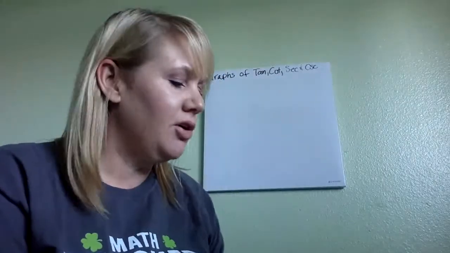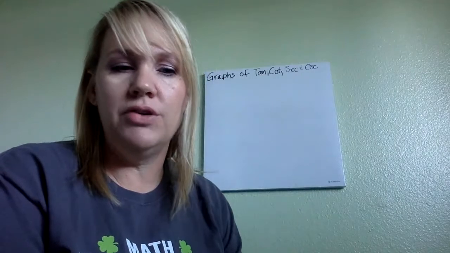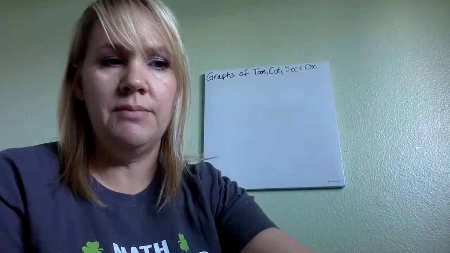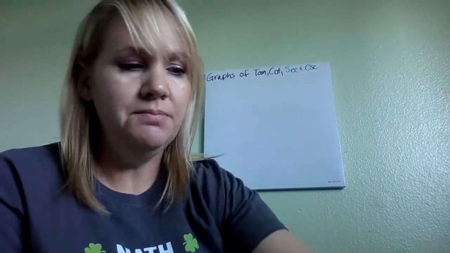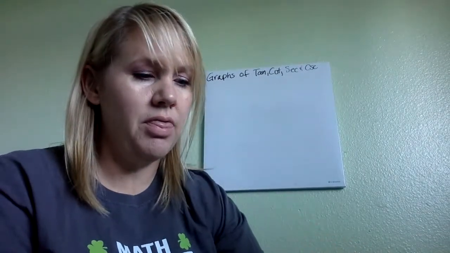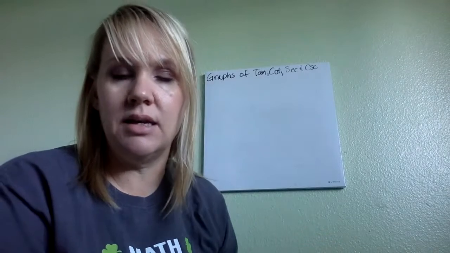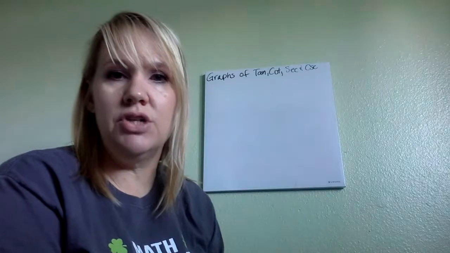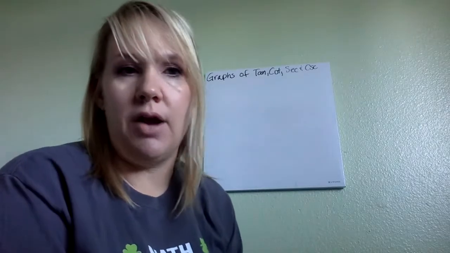Anyway, okay, so today we are going to move on to graphing the rest of the trig functions: the tangent, cotangent, cosecant, and secant. I'm actually going to start with the cosecant and the secant because they use the sine and cosine functions that we already know how to graph.